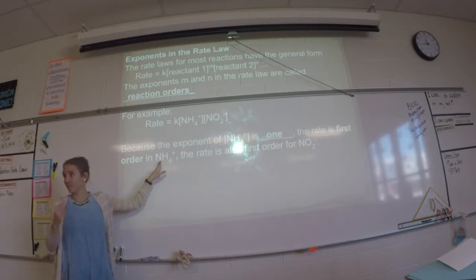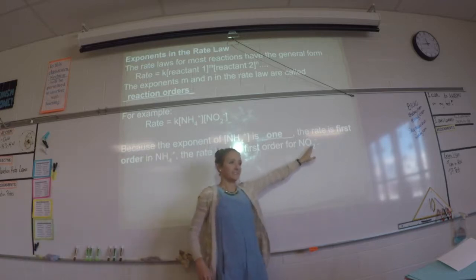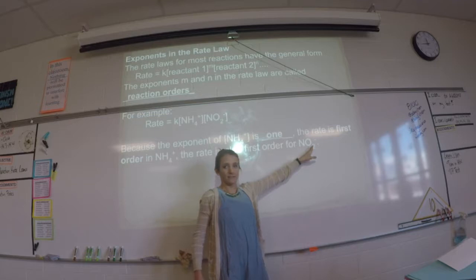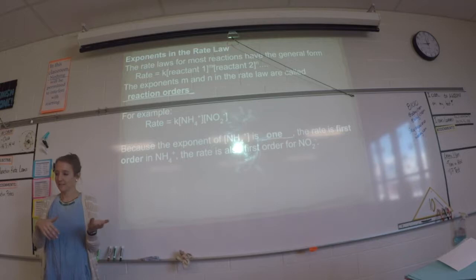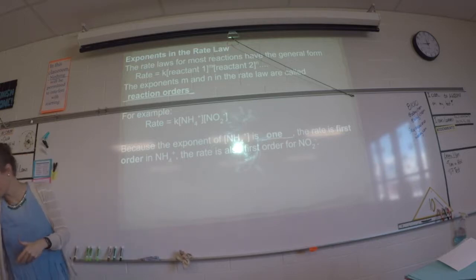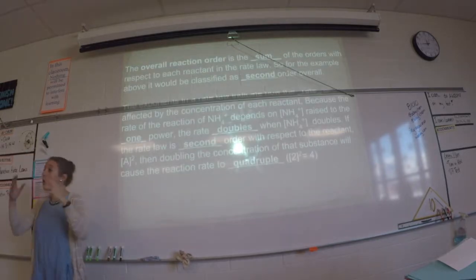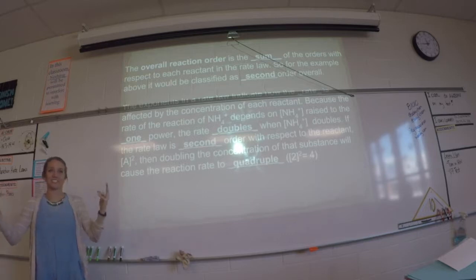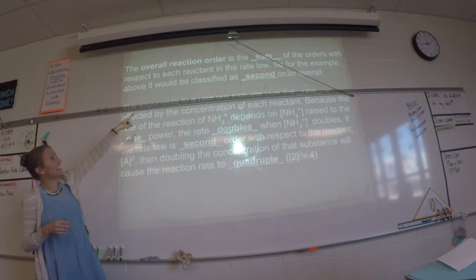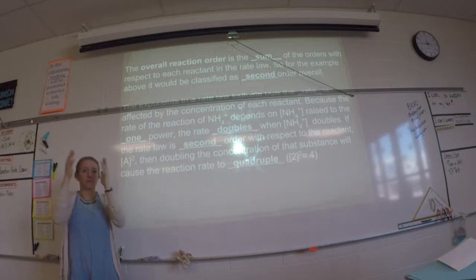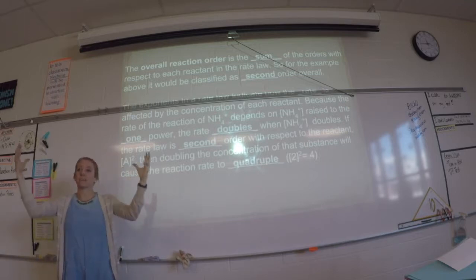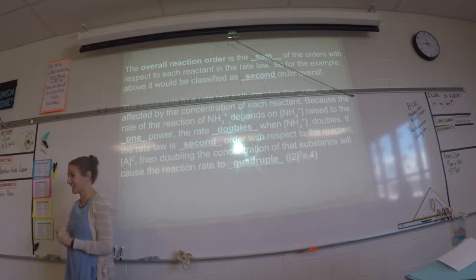It would also be first order with respect to our nitrate, because the exponent defines what the order is. We can also have an overall order, which is simply the sum of all the individuals. So for the one we just did, overall, we would classify it as a second order reaction. Notice individually, they're both first order. As a whole reaction, we would classify it as second order.